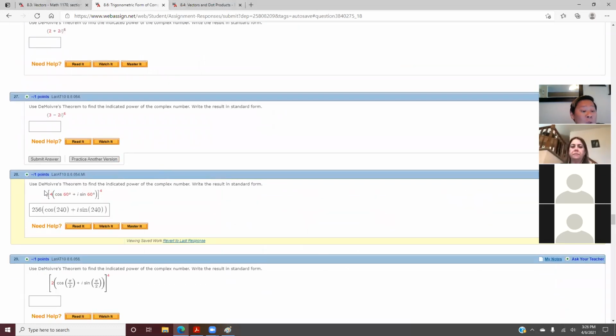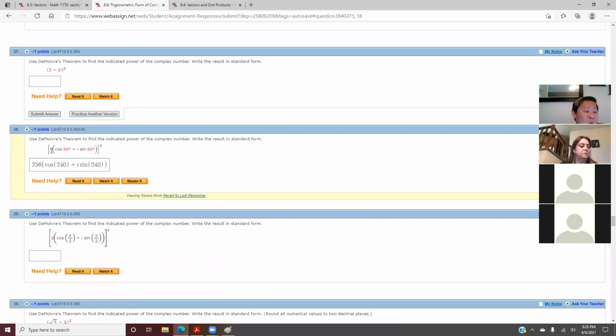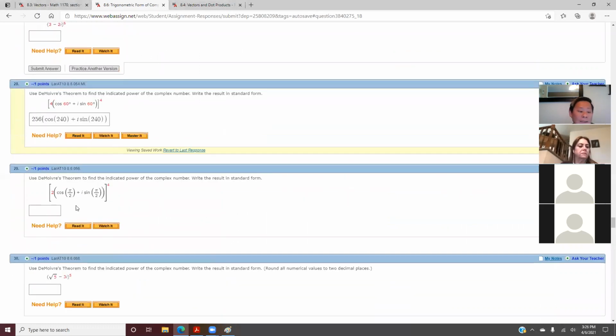Once you convert into trigonometric form, using De Moivre theorem is very easy. You just power the number, and the angles you multiply by 4.